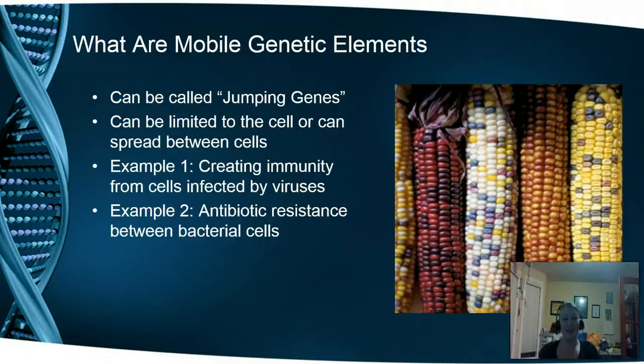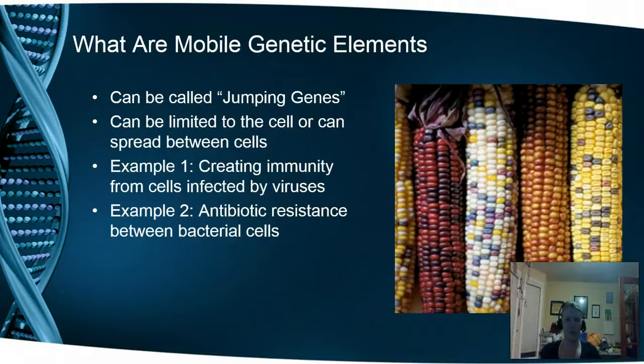And these jumping genes can either be introduced by a virus or some kind of infectious agent, or be spread cell to cell, or sometimes be limited within the genome of that one cell. So you can have a section of chromosome number 1 jump onto chromosome number 2, for example. That's a really broad example, but it highlights what we're talking about. Now, it's not just bad.